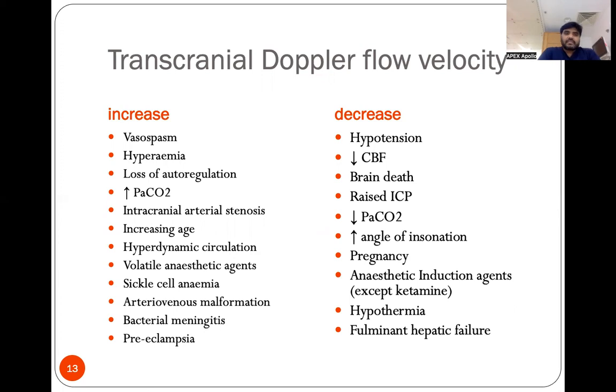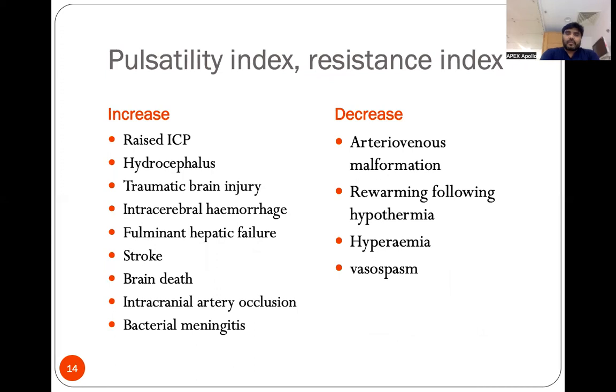With increasing age, there may be an increase in flow velocity in the Doppler. Flow velocity may decrease in hypotension, decreased cerebral blood flow, brain death, raised ICP, decreased PaCO2, and hypothermia.